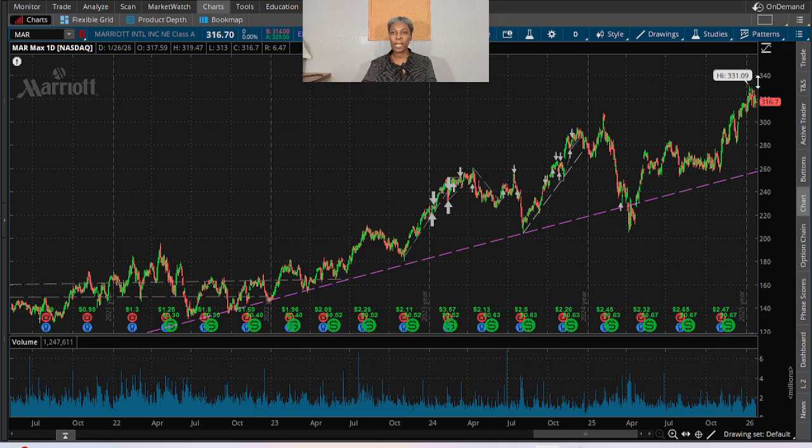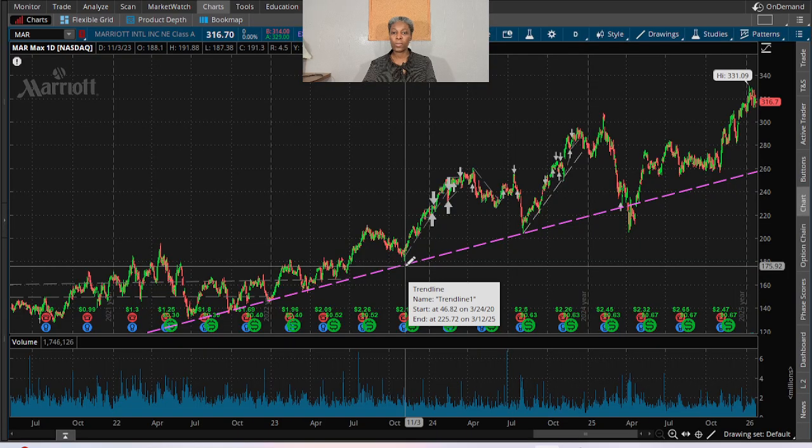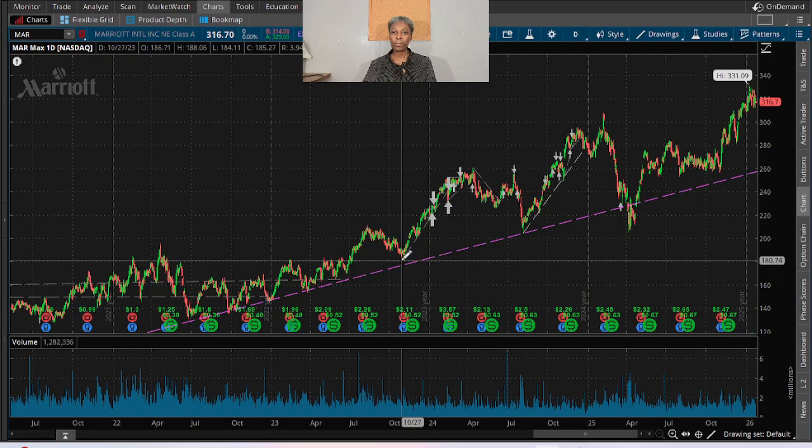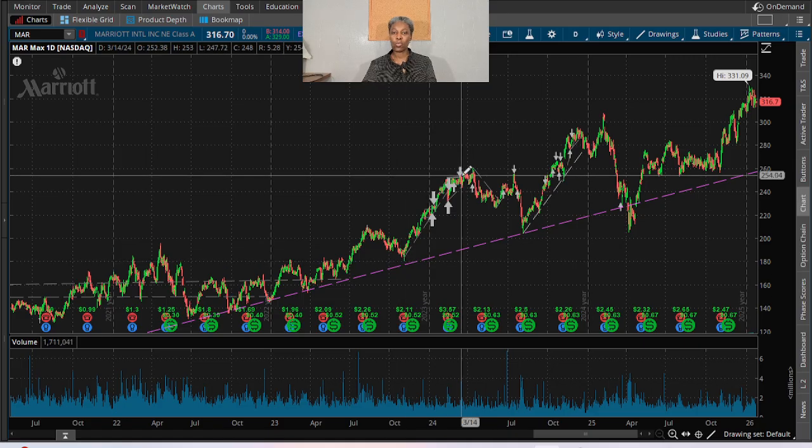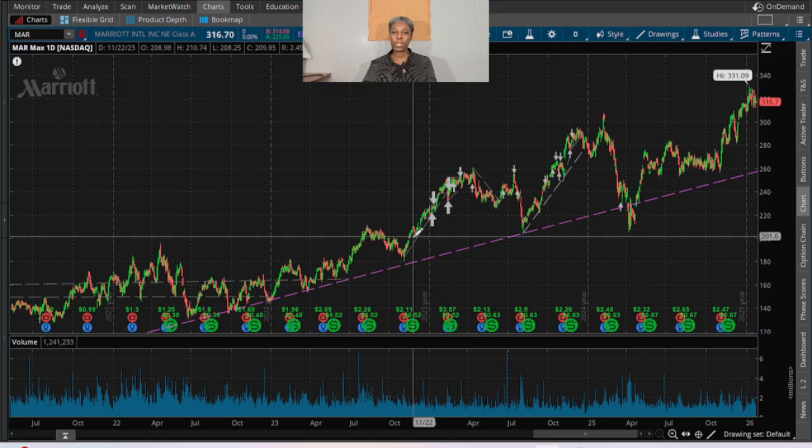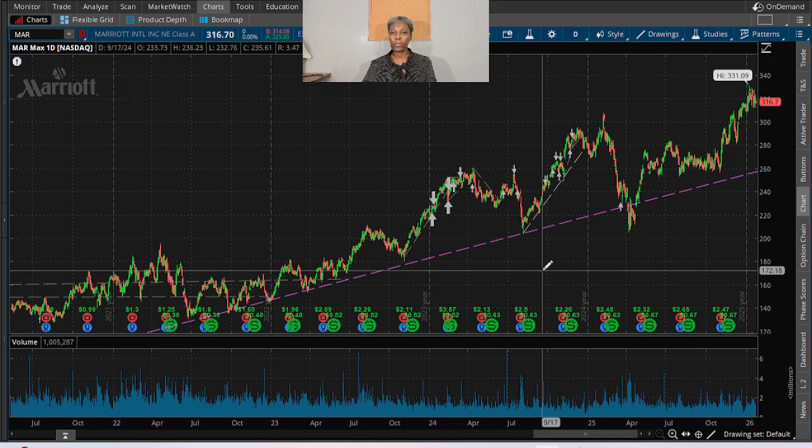I could sell it and lock it in, and if it continues going higher from there, I will be fine with it, knowing that, well, I sold it too early. Because I can calculate the number of months as well. October to here, March, is about 5 months.